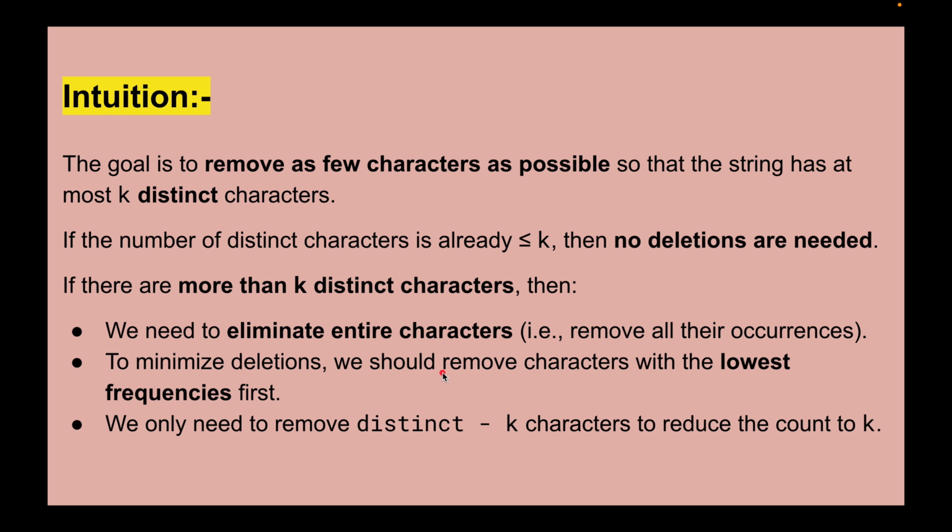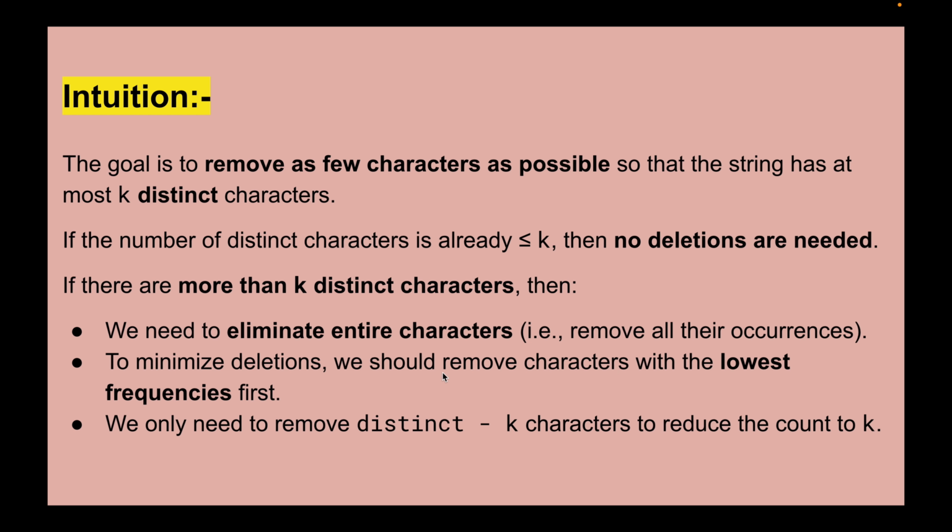So the intuition here is, we are given the string, we have to count the frequency of each character. If we already have k or fewer distinct characters, we don't need to do anything, we just return 0. But if we have more than k distinct characters, we will have to remove entire characters from the string. Why?